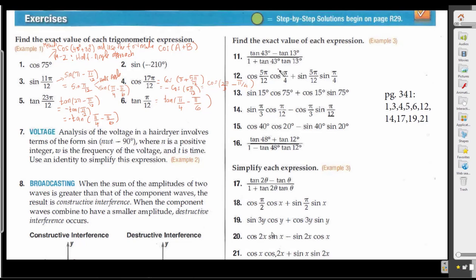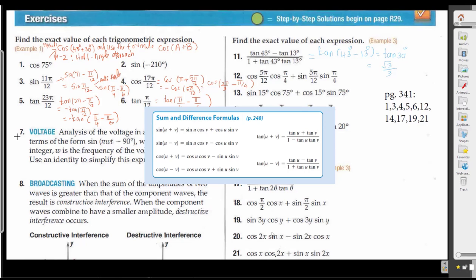Difference of tan, that's tan of 43 minus 13 degree, that is same as tan 30 degree, that is square root of 3 over 3. So the rest of them you can use those formulas to figure out how to simplify.